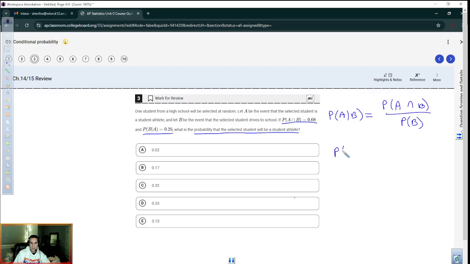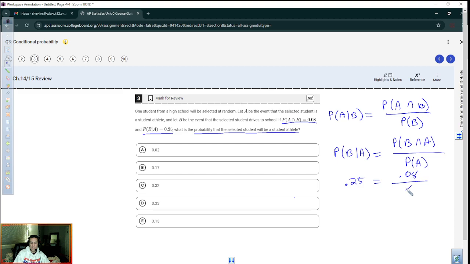They just have it written turned around a little bit. If they write it probability B given A, then the top is still your and. You can just write B and A. It doesn't really matter the order the and goes. And then the bottom is going to be the probability of A, because that's the given that goes on the bottom. So plug in your numbers. This is 0.25. This one on top is 0.08.